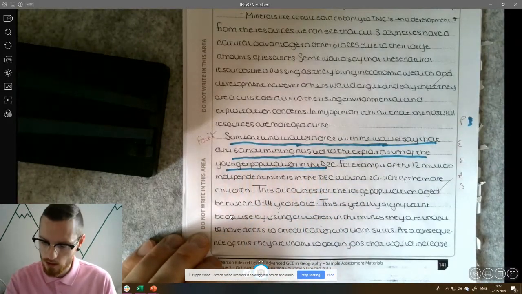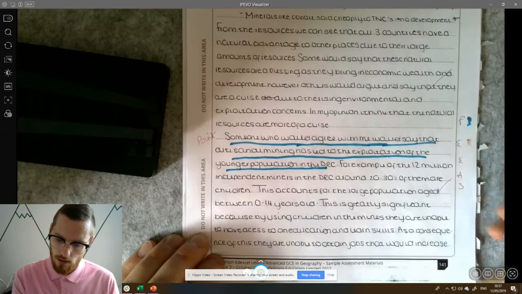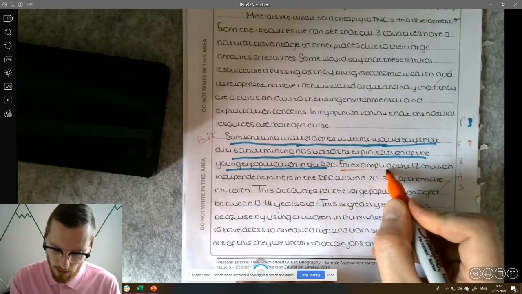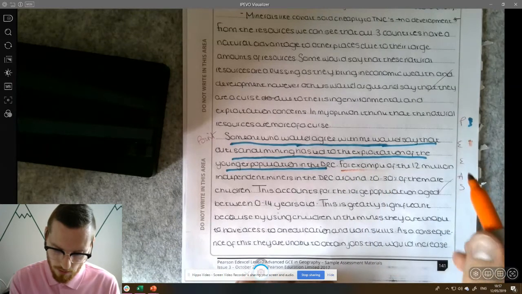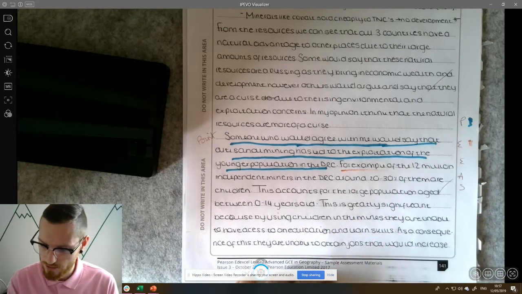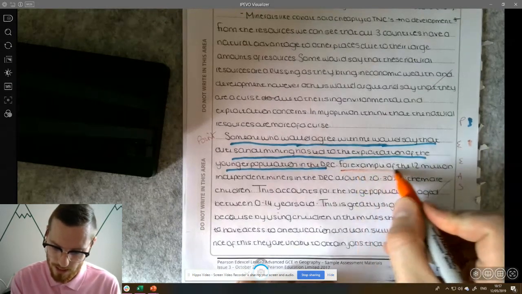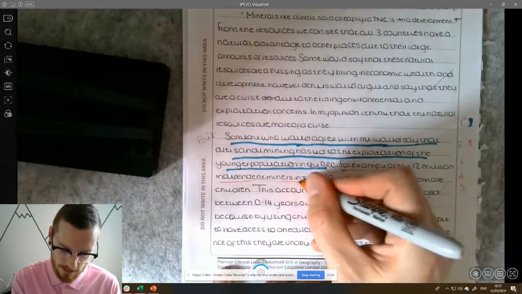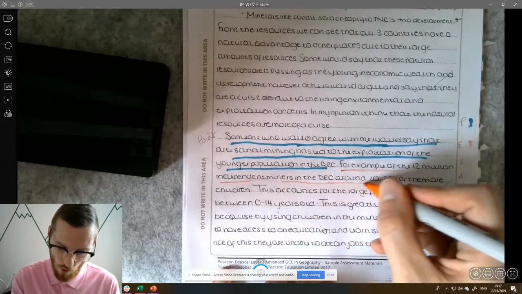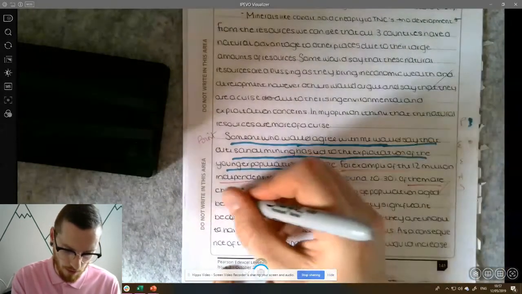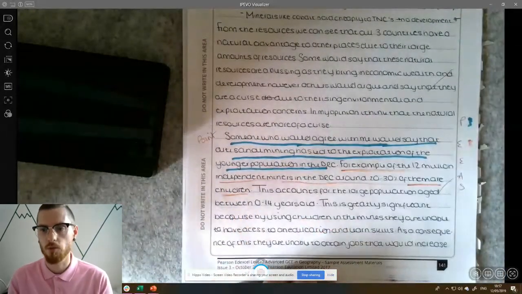There's my point. And then we're going to explain it. In fact, let's not say explain, this is evidence. For example, of the 12 million independent miners in the DRC, around 20-30% of them are children. So we've got point, evidence.